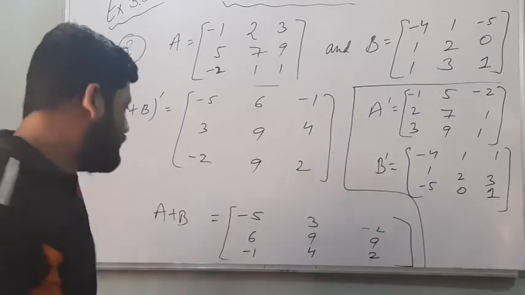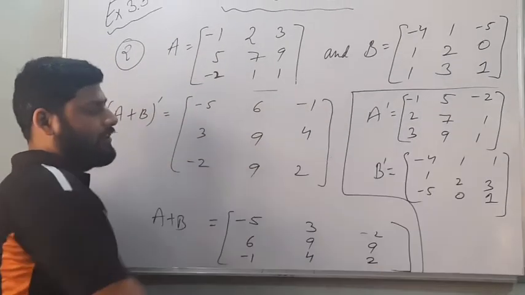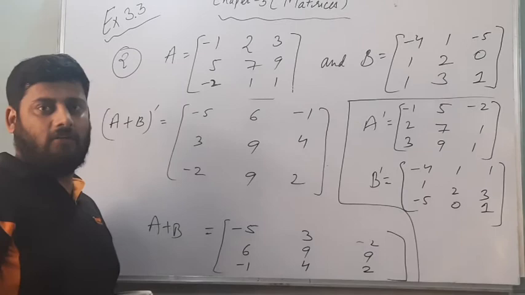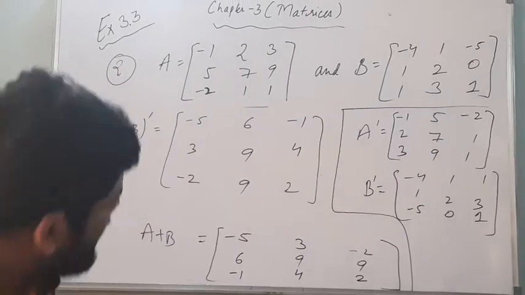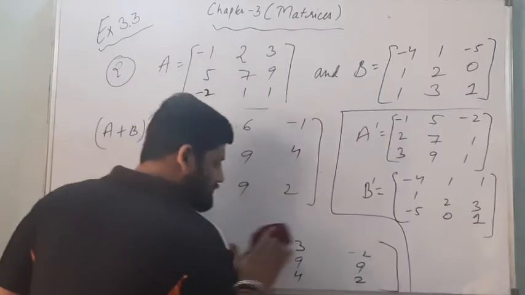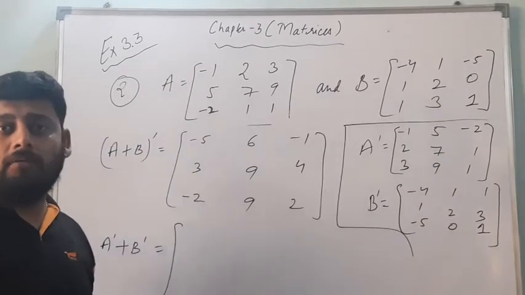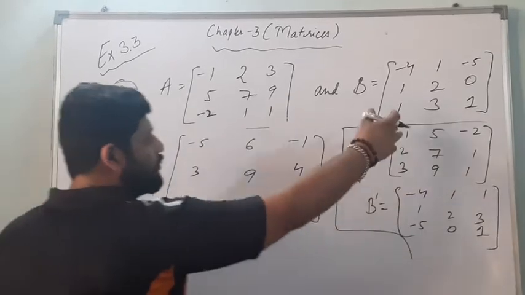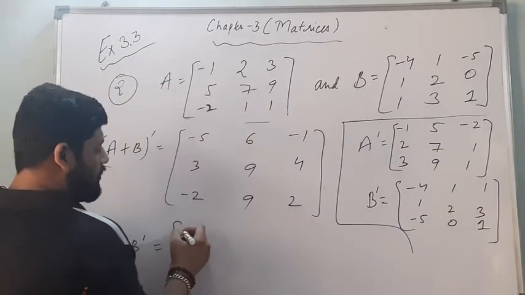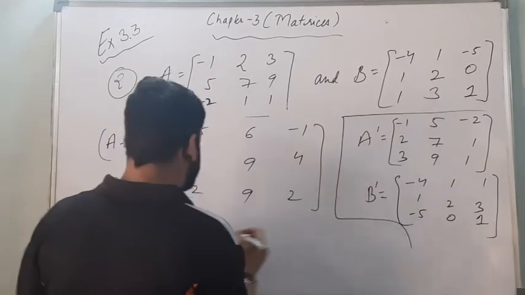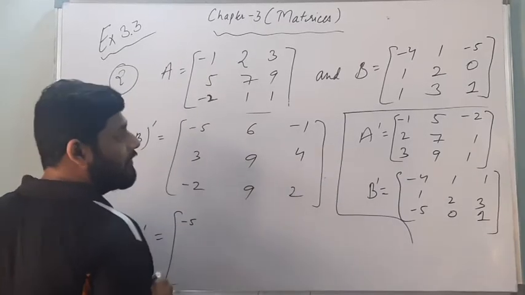So we'll find the sum of transpose A and transpose B. Okay. Now A transpose plus B transpose, we will add both of these matrices. So -1 -4 will become -5.